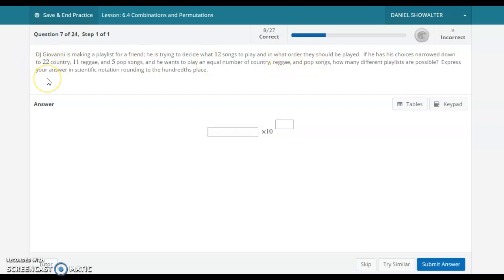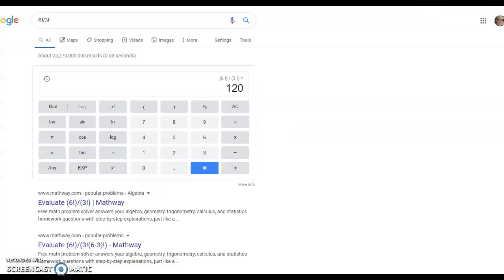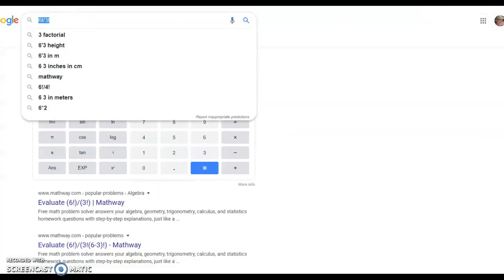So the first step would be choosing which of each genre we're going to play. That would give us 22 choose 4 times 11 choose 4 times 5 choose 4. But that only gives us which songs we're going to play, and it doesn't say what order we're going to play them in. So we're also going to have to deal with that.